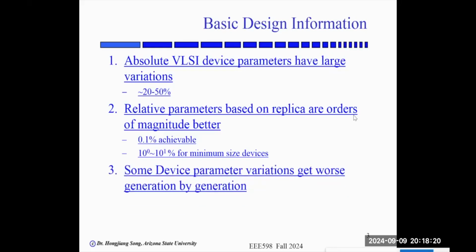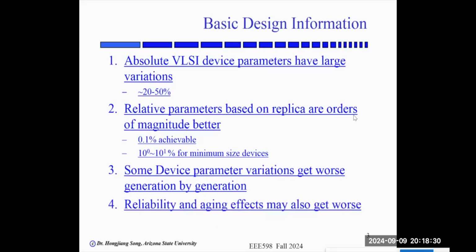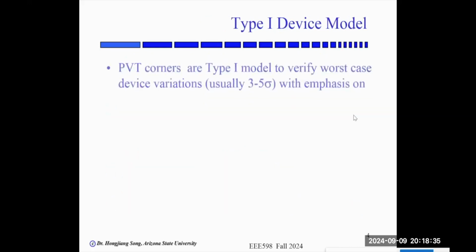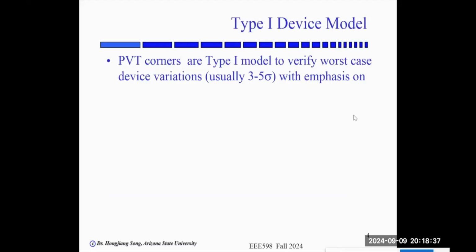On the other side, device parameters are getting worse when you're going through VLSI scaling generation by generation. And also reliability and aging effects are getting worse. So now let's look into the type 1 device model.